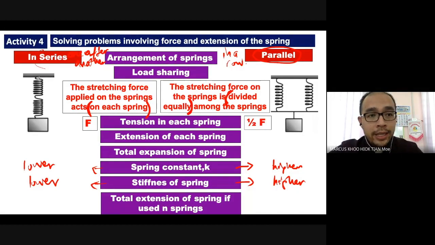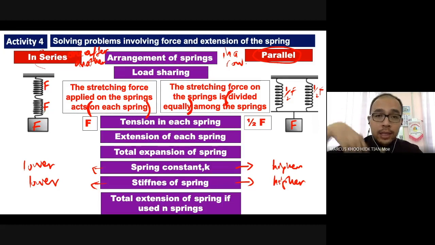So in this case, let's say your beban is F, let's say your weight is F, each spring in the parallel will only experience half F. Manakala, if this is in series, each spring akan merasai the F tersebut. Dia tidak kena bahagi.